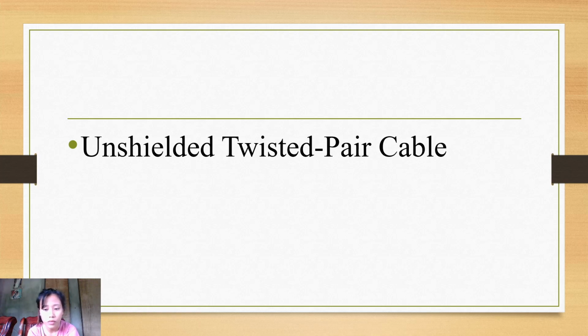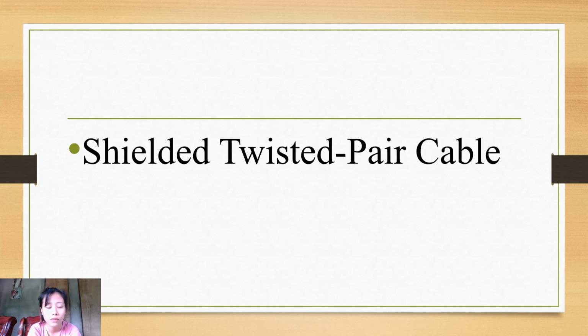For the next one, we have the shielded twisted pair. The shielded twisted pair or STP provides better noise protection than UTP cabling. However, compared to UTP cable, STP cable is significantly more expensive and difficult to install.